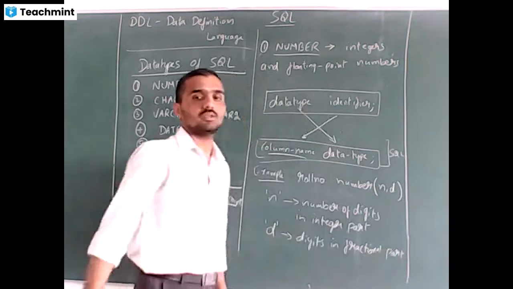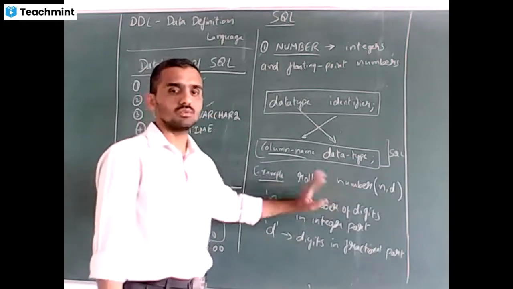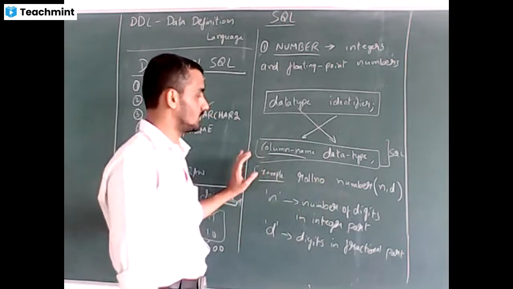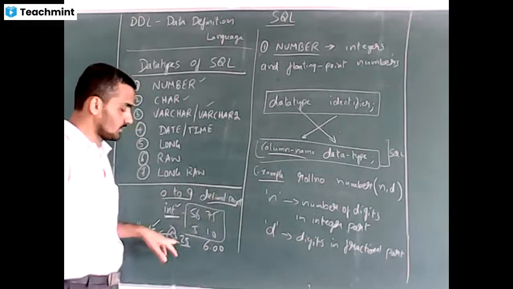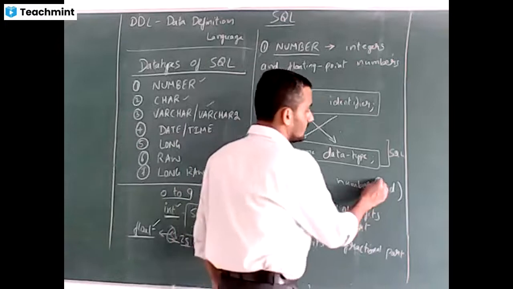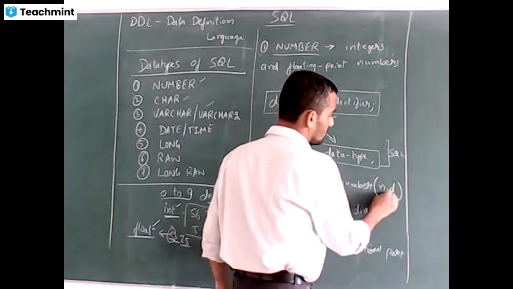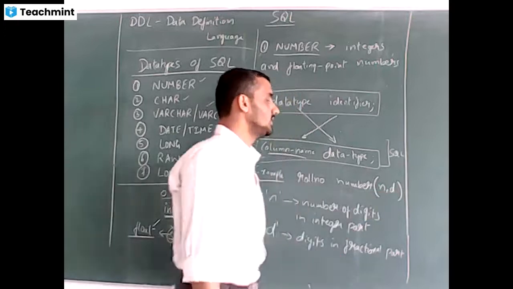Because by using the number data type, we are storing integers and floating point numbers both. Numbers of the format 56.510 and also 5.25, like this also we are storing. So n comma d works like a function: n indicates the number of digits in the integer part, d indicates the number of digits in the fractional part.